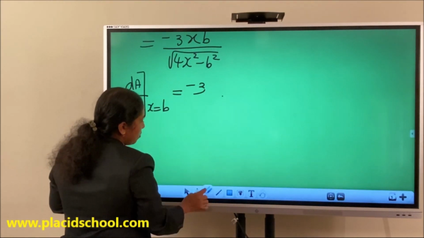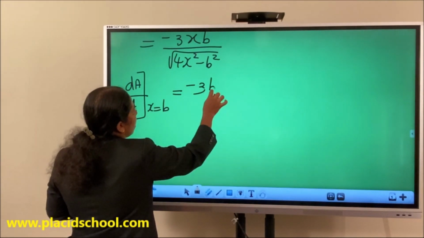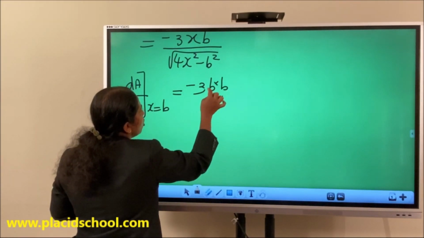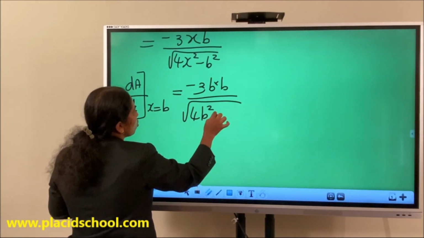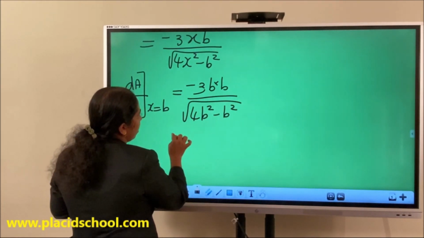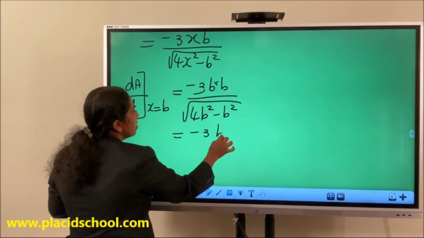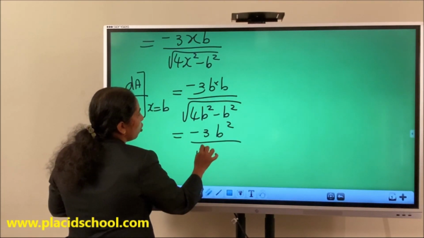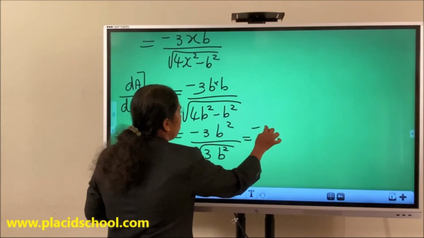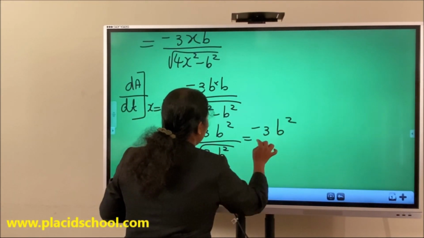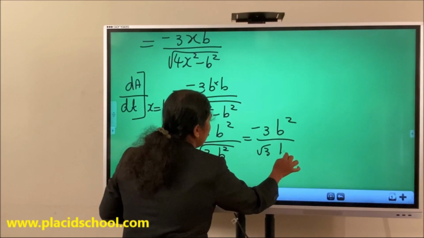Instead of x I have to substitute b: minus 3b into b the whole divided by root of 4b square minus b square, which is equal to minus 3b square by root of 3b square, which is minus 3b square by root 3 into b.